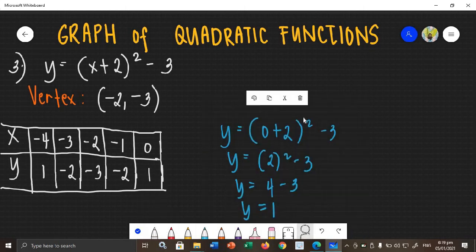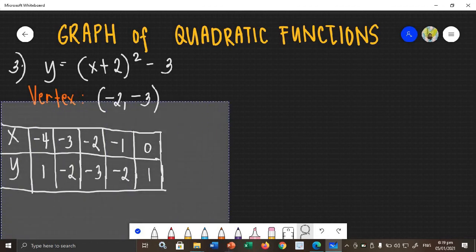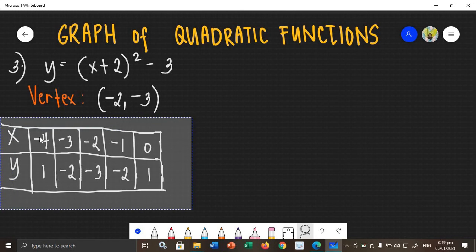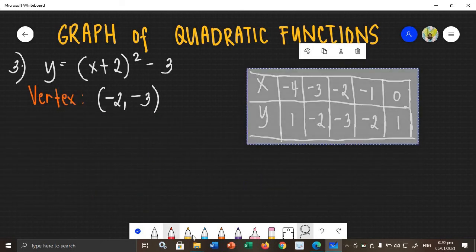As I was saying a while ago, yung mga values ng y-coordinates before the vertex will mirror the values of the y-coordinates after the vertex. So, meron na tayong table and isulat na natin sila as ordered pair. So, kung sino yung magkakatapat, sila yung isusulat mo.